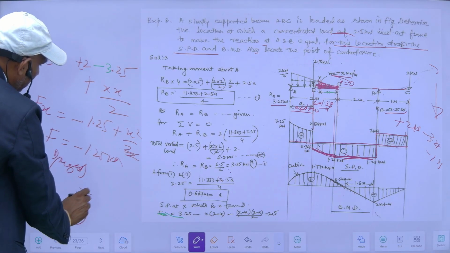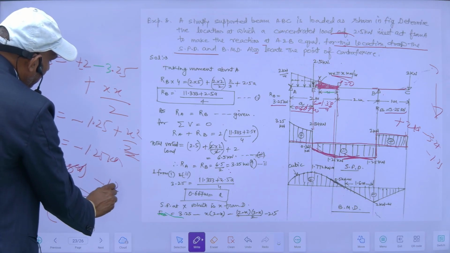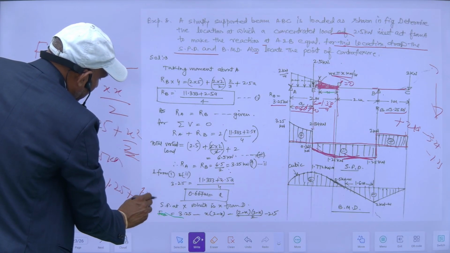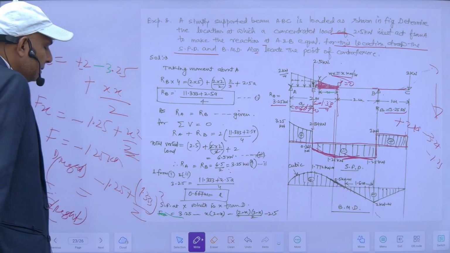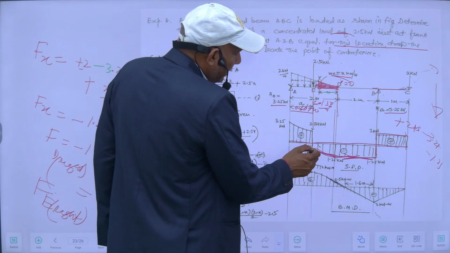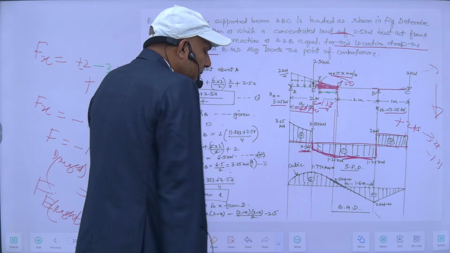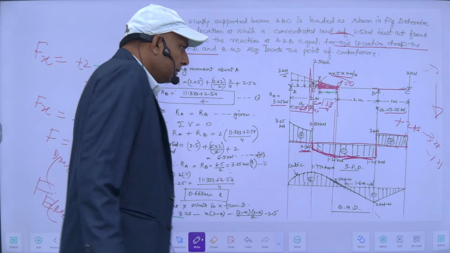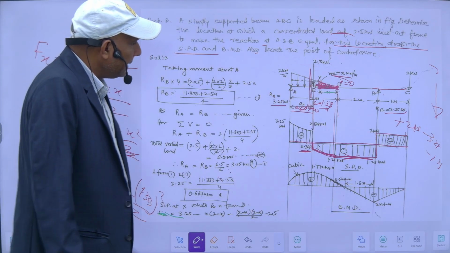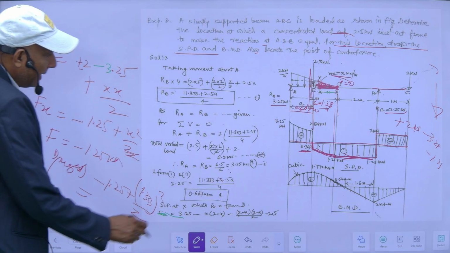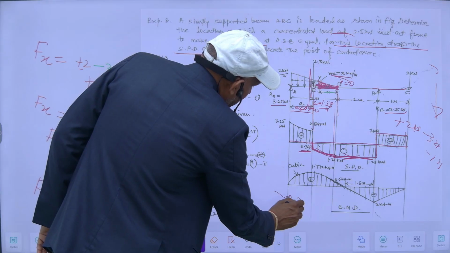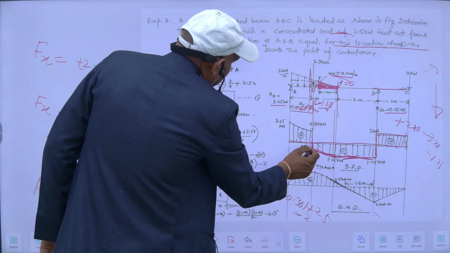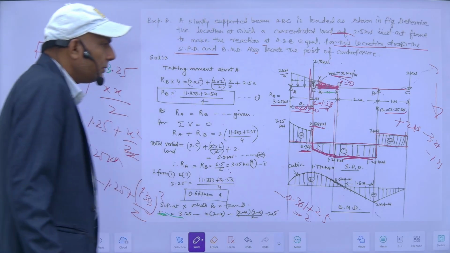So Fe right will be minus 1.25 plus 1.333 square by 2, which is equal to minus 0.361 kilonewton. Just on the right side, there is a variation due to this concentrated load. This is acting downward, so it is positive, so I add minus 0.361 plus 2.5, and I get 2.139 kilonewton.